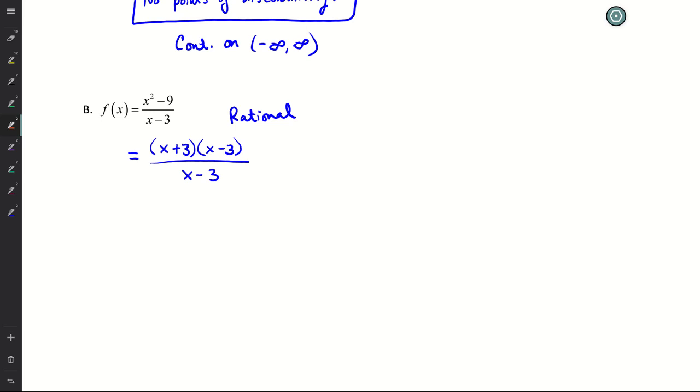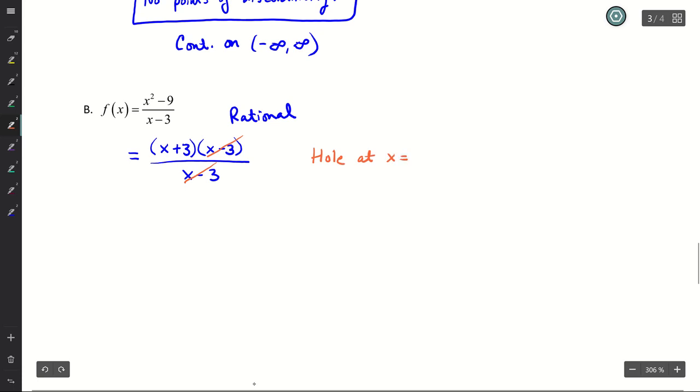And so holes are going to occur in places where factors from the numerator and the denominator cancel. On this particular problem, we're actually going to have a hole at x equals whatever value would make that 0. So x equals 3 would be a place where you have a hole.